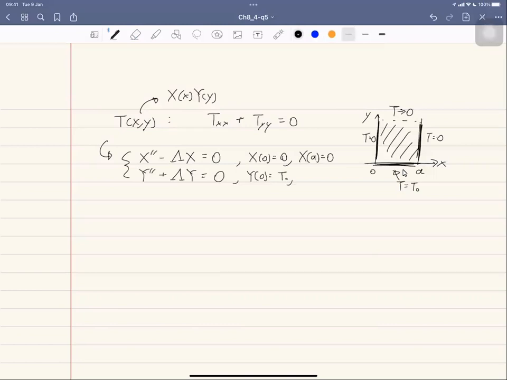And as long as y tends to infinity, independent of what x is, T goes to 0. So after I separated into the component functions, these are the relevant boundary conditions of the original problem.